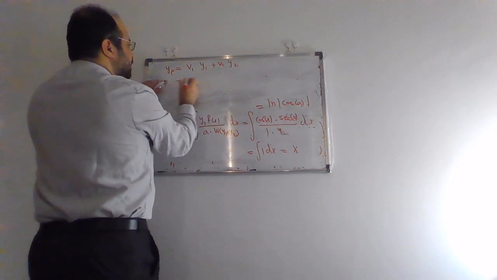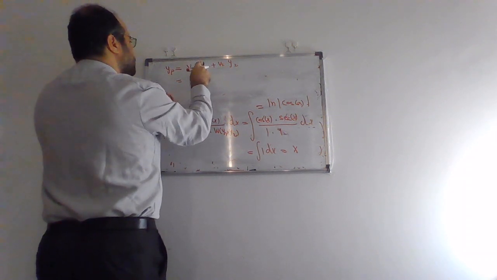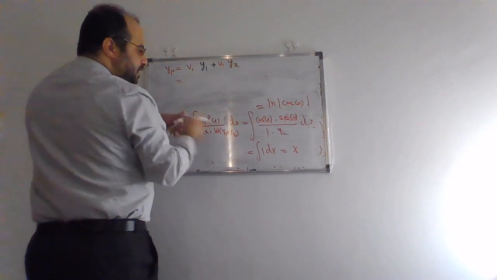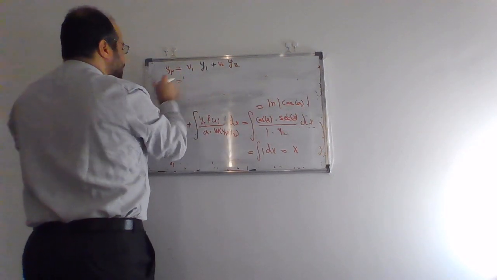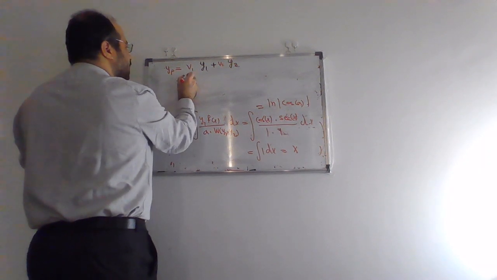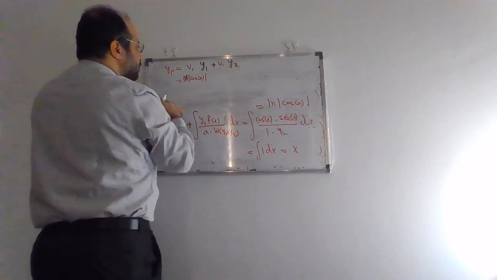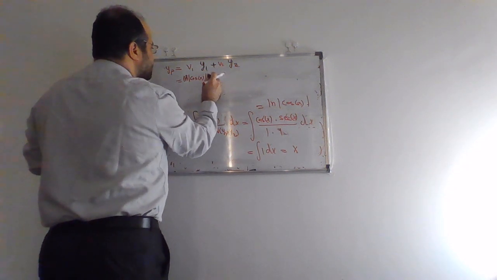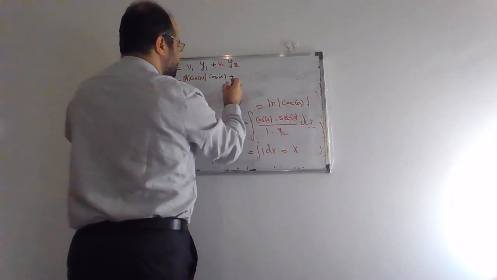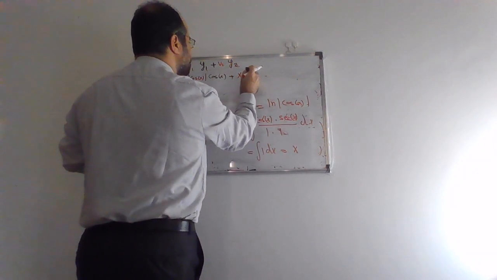I know V1, it is ln of the absolute value of cosine x, and y1 is cosine x. And plus, what is V2? I got x, and y2 is just sine x.